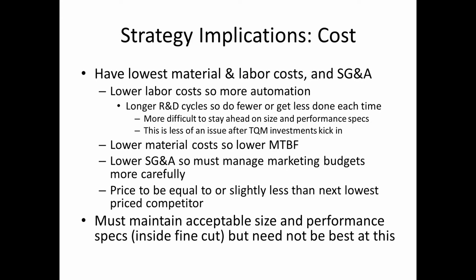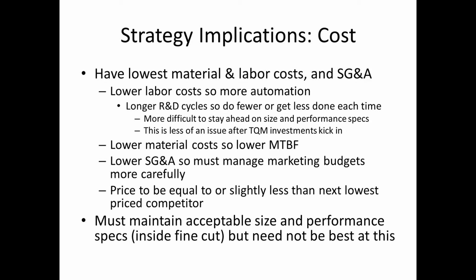If you're going to compete on cost, then that means that you need to keep your material and labor costs low and your SG&A expense low, which is where your marketing spend goes. So that means you're going to have lower labor costs. In order to get that, you have lower automation. Lower automation slows the amount of R&D that you can get done in any single year, and so you're not going to be able to keep up as much on R&D.